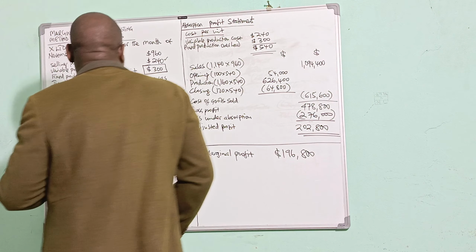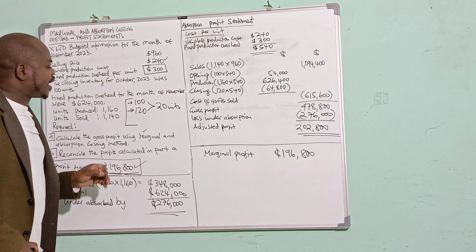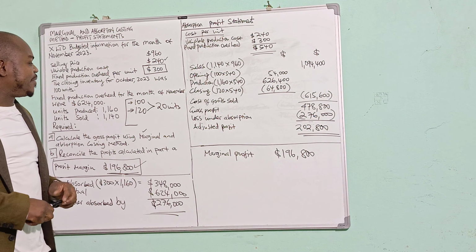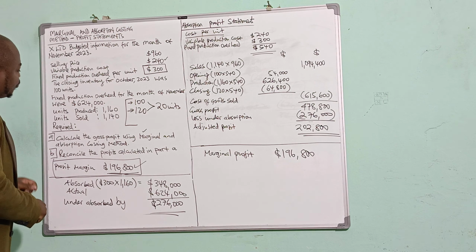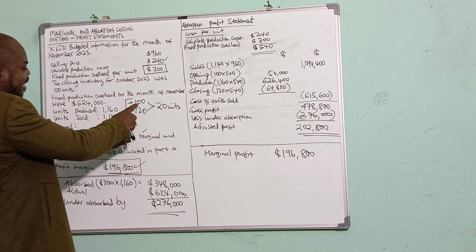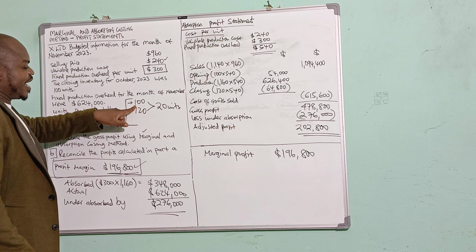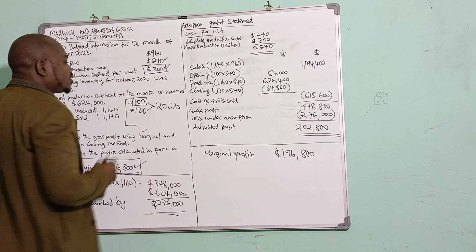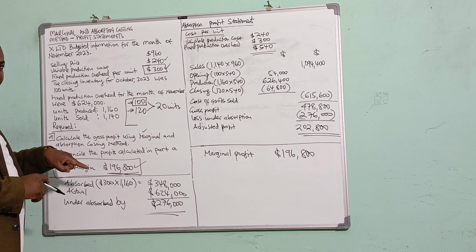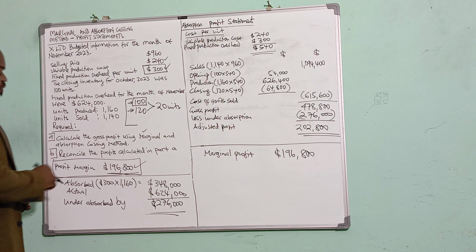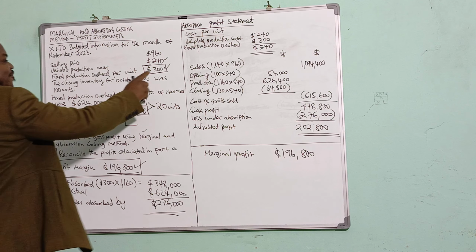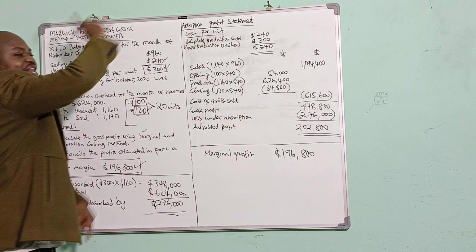So when I say absorption cost method will record a higher profit figure when there is an increase in inventory, this is what I basically mean. The opening inventory was 100, meaning we received 100 which had these fixed costs for the previous period. And then we transferred 120 which has the fixed cost for this period into the next period.